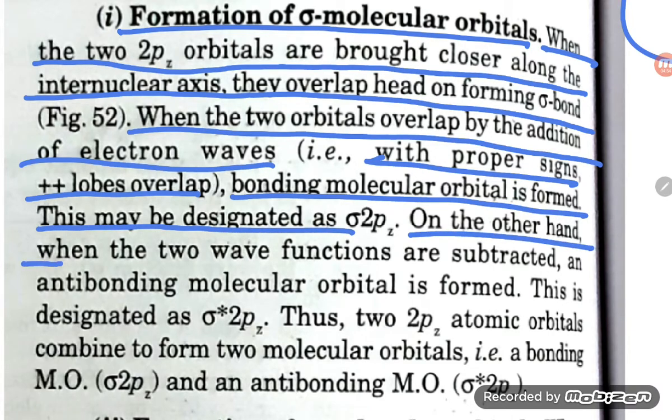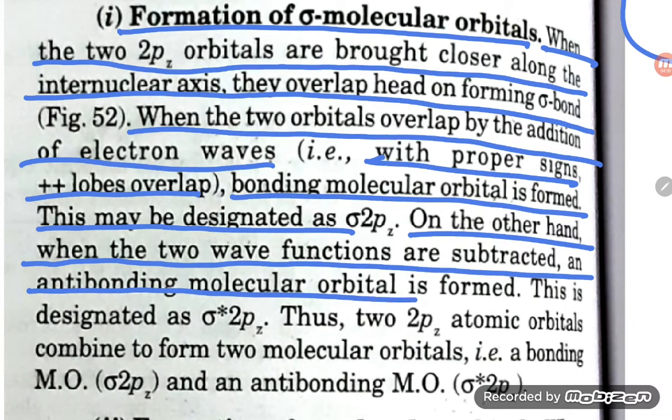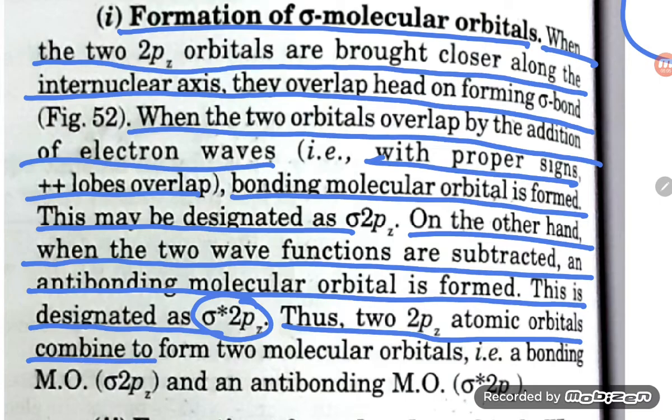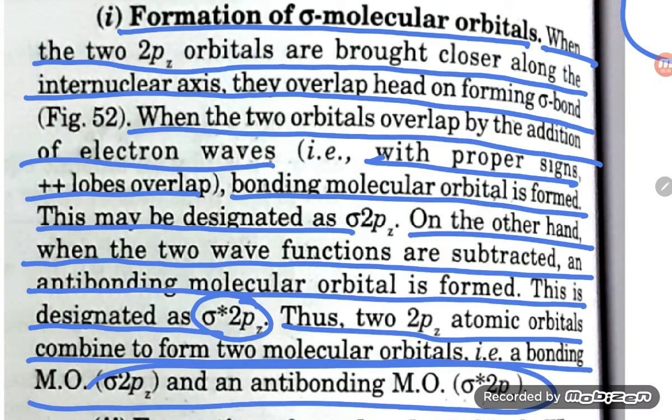On the other hand, when the two wave functions are subtracted, an anti-bonding molecular orbital is formed. This is designated as sigma star 2pz. Thus, the 2pz atomic orbitals combine to form a bonding molecular orbital and an anti-bonding molecular orbital.